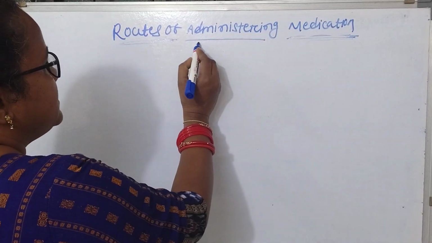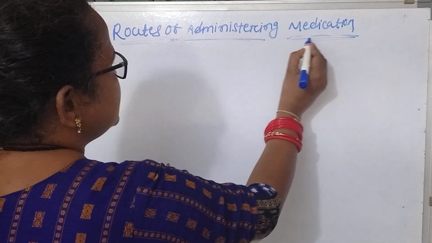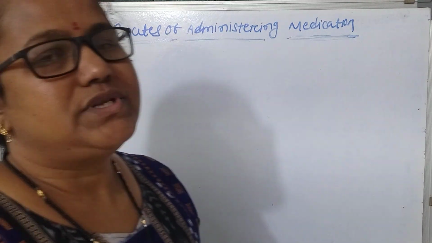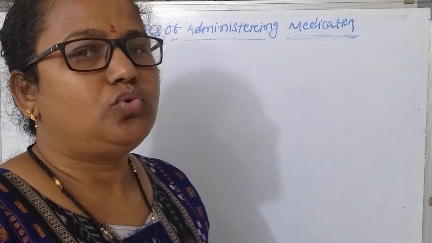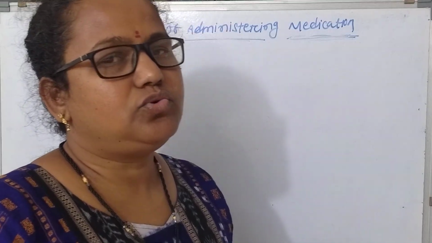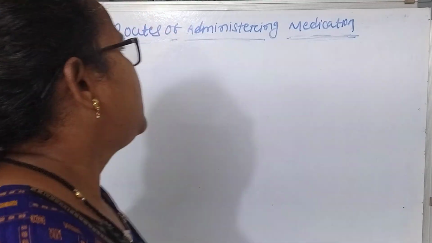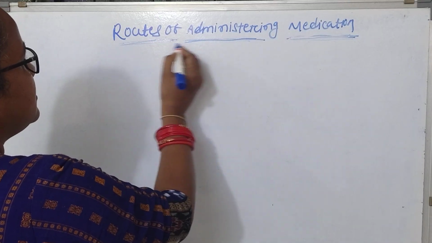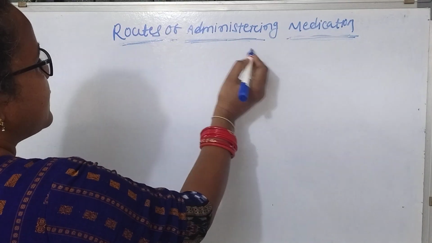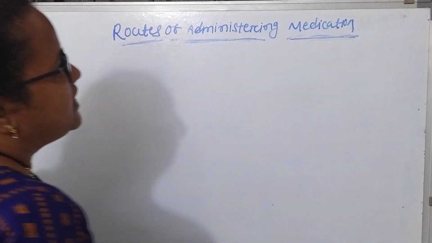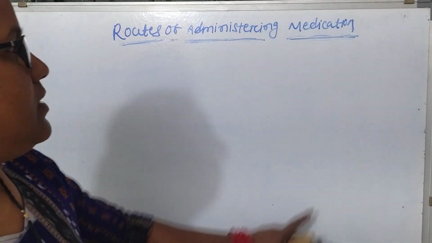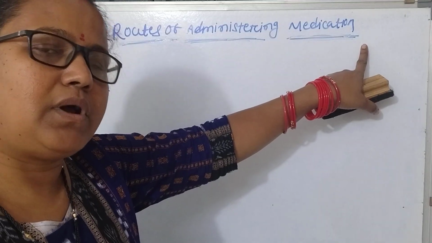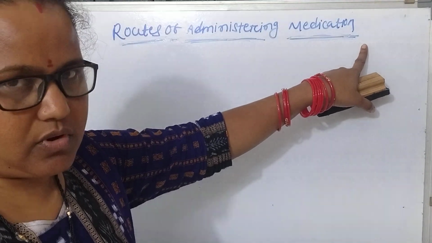So, routes of administering medication. What is medication? Medication means drugs which are used to prevent diseases and to cure diseases. So what are routes of administering? In medication, there are many types of medication, available in tablet form and in injection form also.